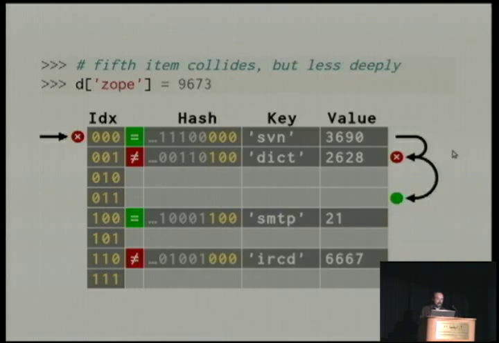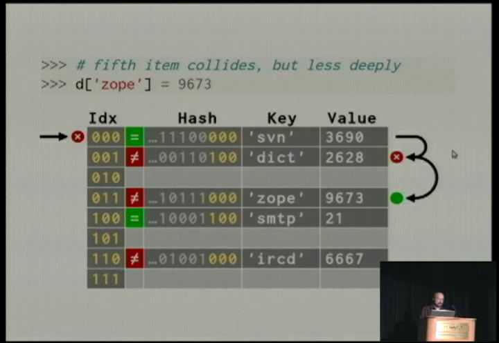If we now, just for fun, add the port number of ZOP in last, it wants to occupy, again, 000, try 001, and because its upper bits are a bit different, its third try is different than IRCD's was. That's why it's so good to use those upper bits to throw a little randomness into that search for a backup location.